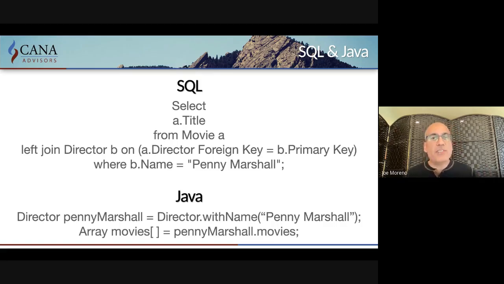And then we just ask the Penny Marshall object for all its movies. Now, what Java is doing behind the scenes is dynamically creating the SQL that we see above to get this information. But since it's a higher level language, it's easier to code it without having to worry about the SQL.